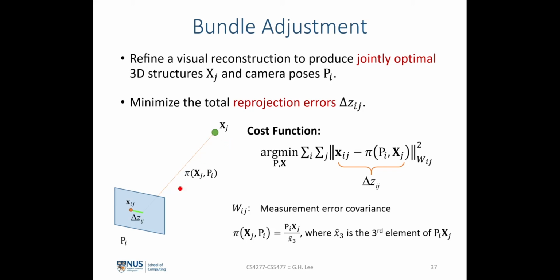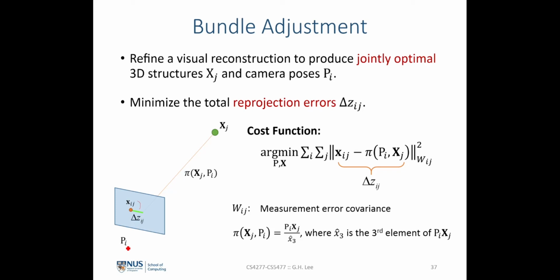Its corresponding 2D point is the 2D point used to reconstruct this 3D point xj in the initialization step. Since we know that xj as well as Pi over here are estimated from algorithms such as the two-view geometry algorithm, the PnP algorithm, and the linear triangulation algorithm.